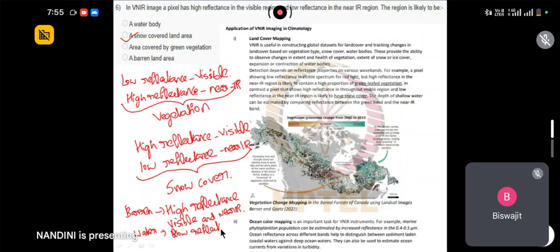Low reflectance in visible, and nearly no reflectance in the near infrared region. So that's how remote sensing people know how to convert these values into different land cover types.